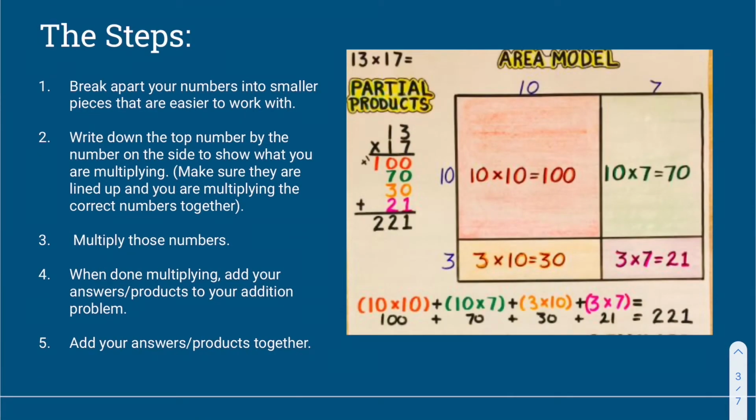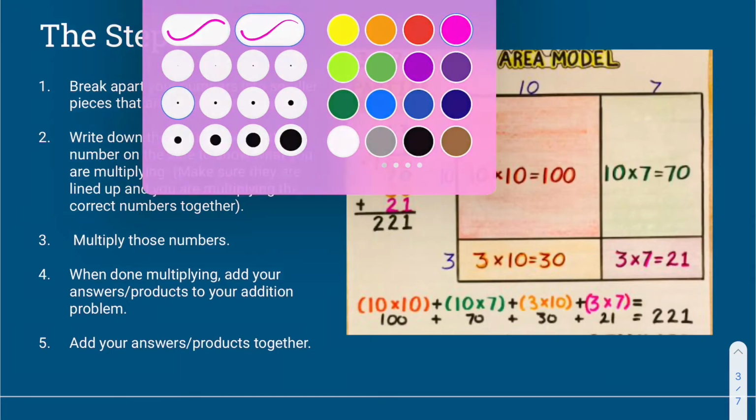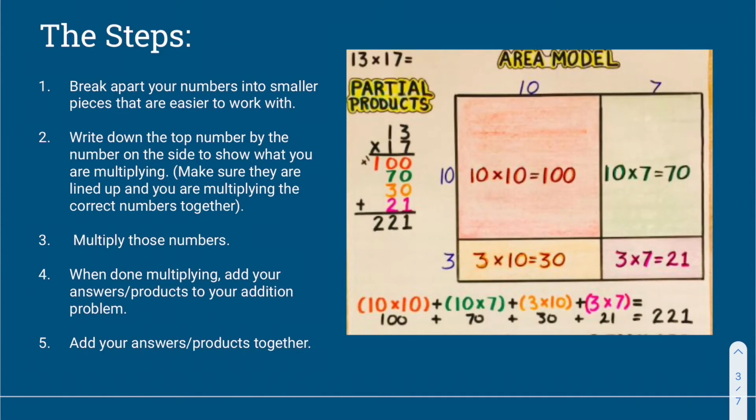Now, let's look at the steps of area model and partial product. The first step is to break your numbers into smaller pieces that are easier to work with. This is where the expanded form comes into play. So for example, our problem in the example is 13 times 17. So they had to break that up into expanded form.